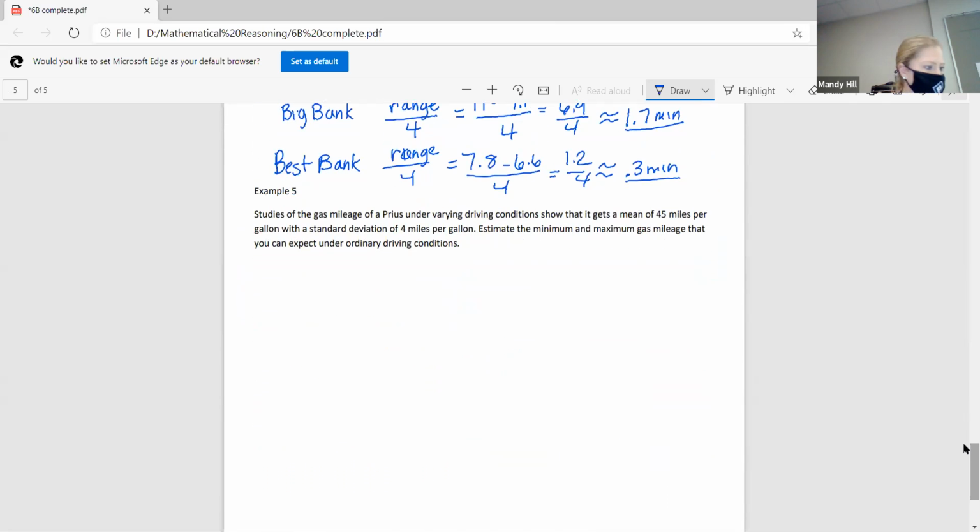Example 5 is the last example we're talking about in 6B. It says studies of the gas mileage of a Prius under varying driving conditions show that it gets a mean of 45 miles per gallon with a standard deviation of 4 miles per gallon. Estimate the minimum and maximum gas mileage that you can expect under ordinary driving conditions.